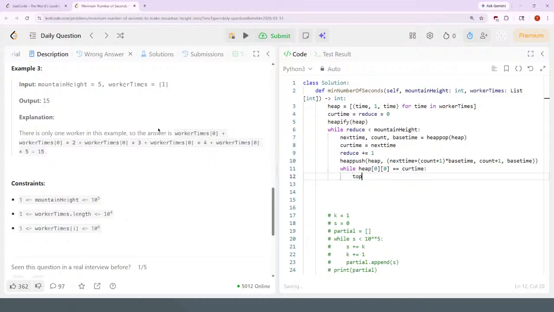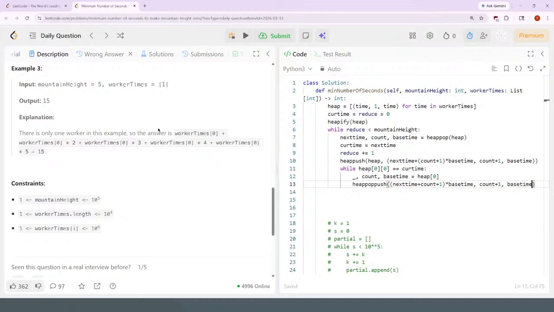I need to know the count and the base time at the top of the heap, and then it just is heap pop push. It should be next time plus (count plus 1) times base time there. Count plus 1, base time. Reduce increases.